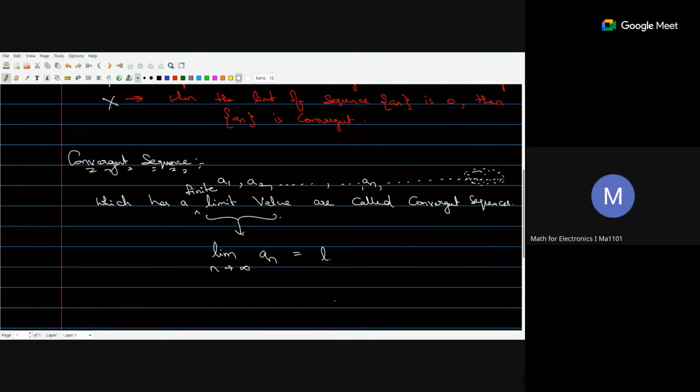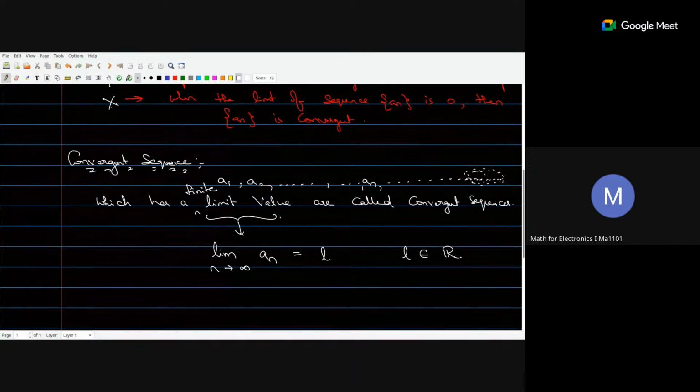Finite in the sense of any real value between minus infinity and plus infinity, excluding minus infinity and plus infinity, any real value on the number line. It can be 0, it can be 1, it can be 2, L can be anything. So it is represented like this: L belongs to minus infinity to plus infinity, or simply L belongs to the real numbers. This is the notation for the set of all real numbers.